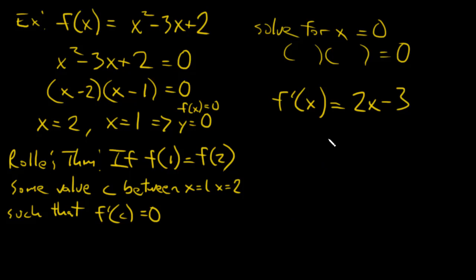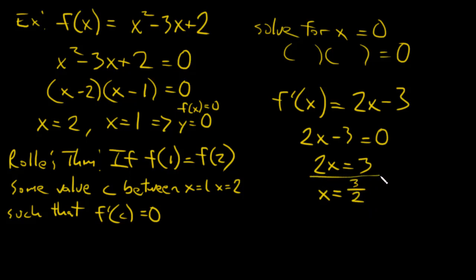If I set that equal to 0, so 2x minus 3 equals 0, 2x equals 3, x equals 3 halves. Ta-da! There was a value, 3 halves, that was between x equals 1 and x equals 2, such that the slope was 0. Isn't that cool?